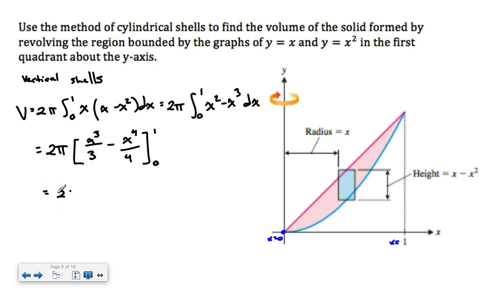So it'll be 2 pi times 1/3 minus 1/4. And when I make like denominators, subtract everything out and distribute my 2 pi, the answer I get is pi over 6. And so the solid that's created has a volume of pi over 6 cubic units. Okay, let's try example 2.